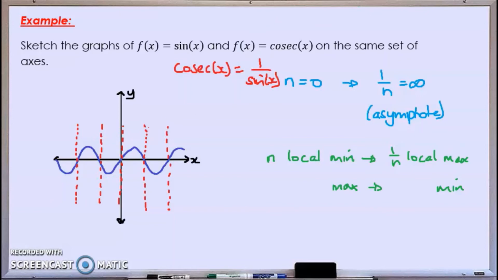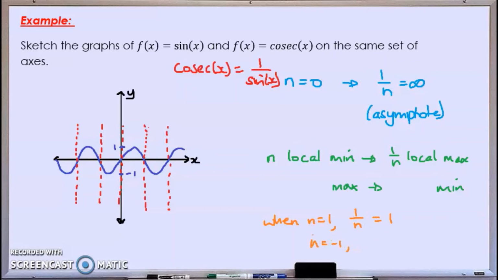Another important piece of information here is we know that the minimum and the maximum of a sine graph is 1 and -1, or -1 and 1 respectively. And we also know that when n equals 1, my reciprocal of that is also 1.